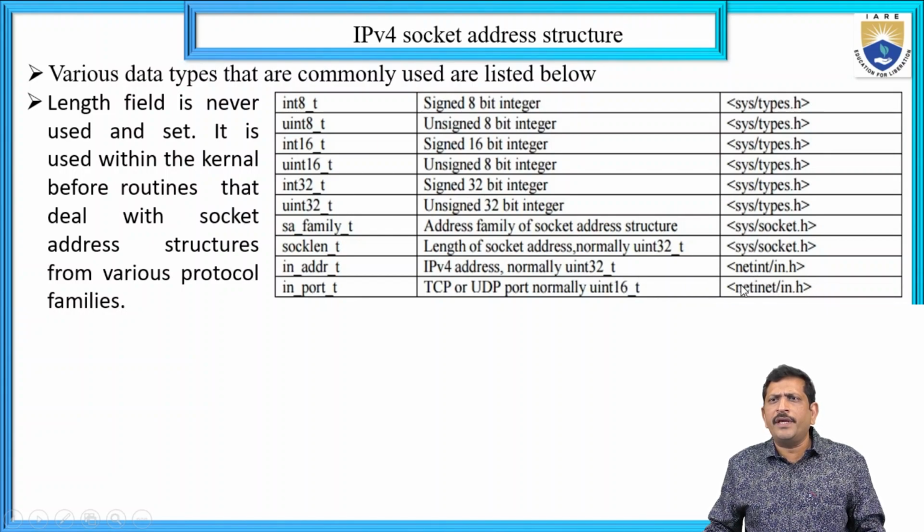For that we can use the netinet/in.h header file. And in_port_t is the TCP or UDP port, normally uint16_t. Here we can use the netinet/in.h header file.